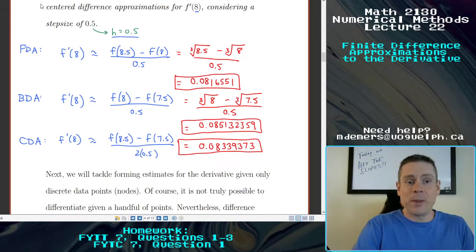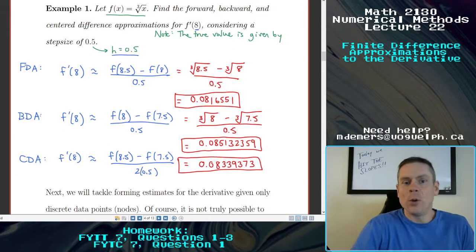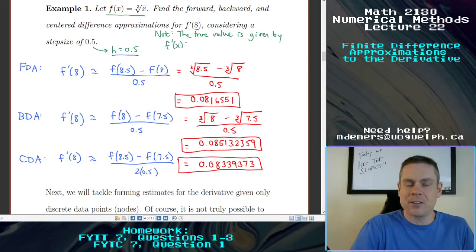For this example, we can actually calculate the truth. So the true value is given by, well, check this out. This was the cubed root of x, so we know what the derivative is, for heaven's sakes. F prime of x is equal to a third x to the minus 2/3.